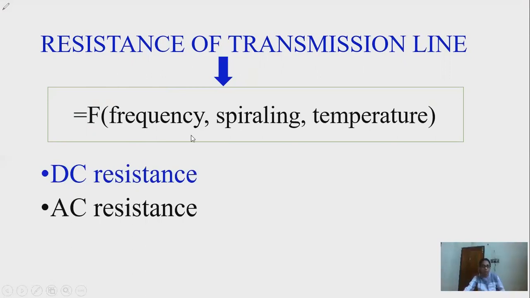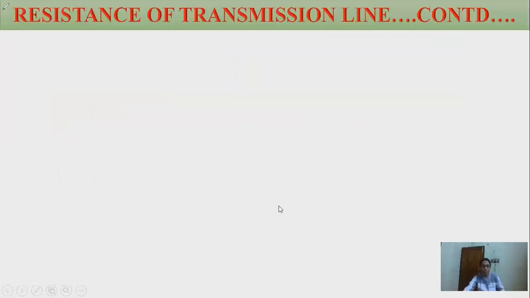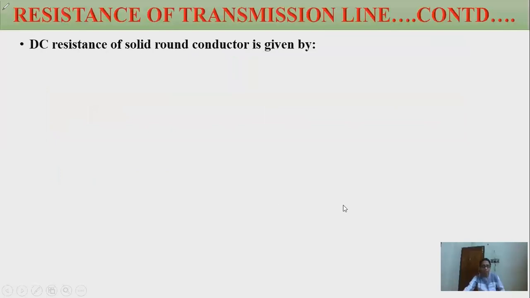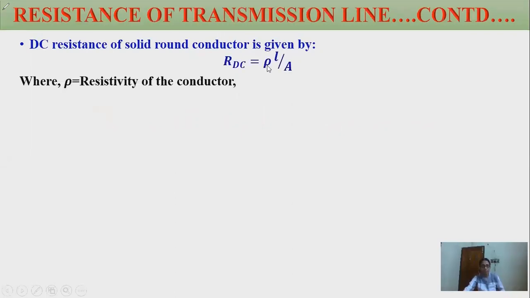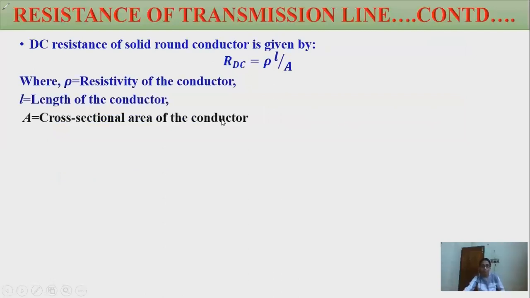Now, for the DC resistance of a solid round conductor, the expression can be written as R_DC equals rho into L by A. This is a very common expression, where rho is the resistivity of the conductor, L is the length of the conductor, and A is the cross-sectional area of the conductor.